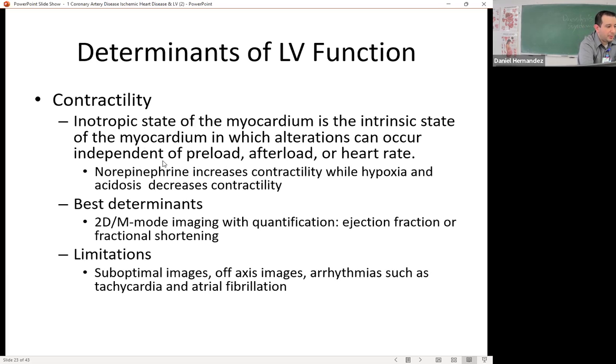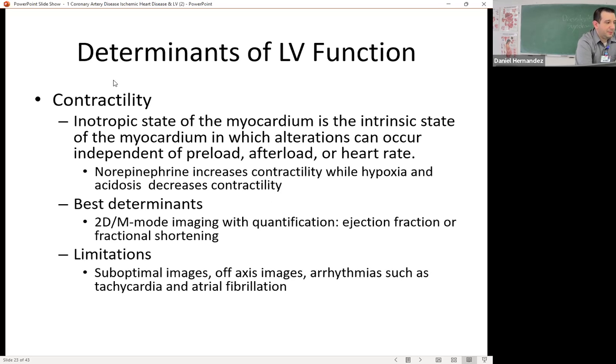Medications like norepinephrine increase contractility, while things like hypoxia, so low oxygen levels, and acidosis, so increased acidity within the patient's body, will decrease a patient's contractility.